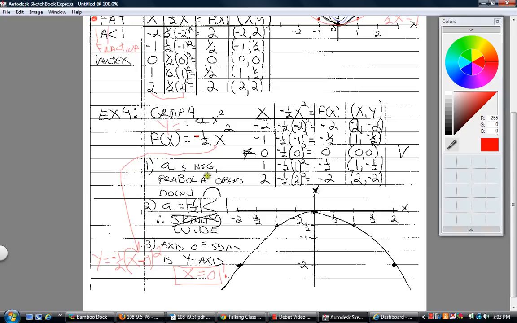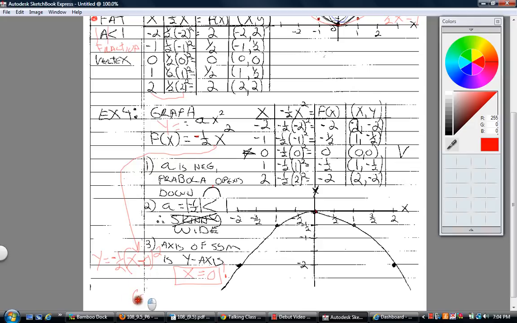The vertex will be at the highest point in this case. If I was going to find the vertex, x minus 0 is equivalent to x squared. So you find what value of x makes the horizontal movement 0 minus 0, and that's why the y-axis is your line of symmetry. Where's the line of symmetry?